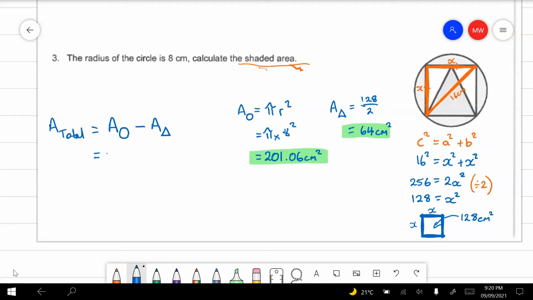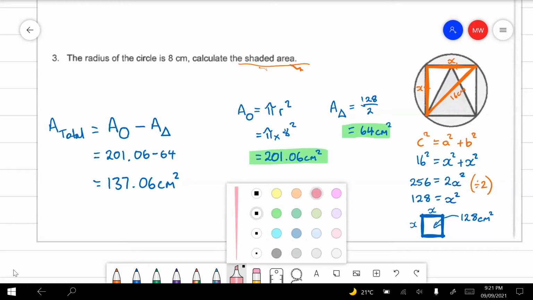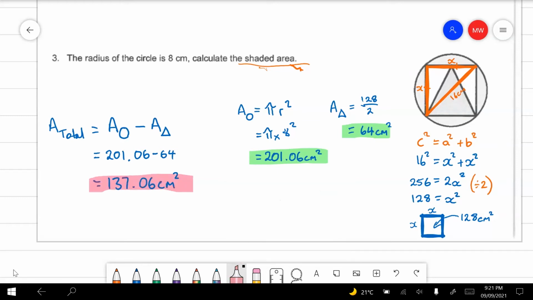So it's going to be the 201.06, which I've left in my calculator so that I don't have a rounding error, minus 64, which gives me the answer 137.06 square centimeters. And this here is my very final answer to this question.